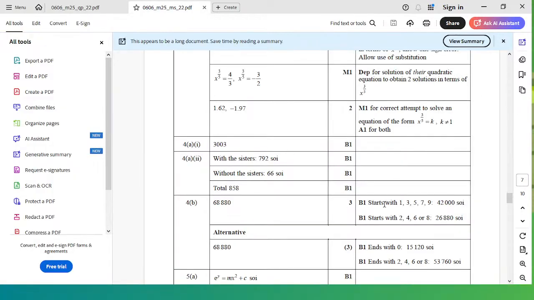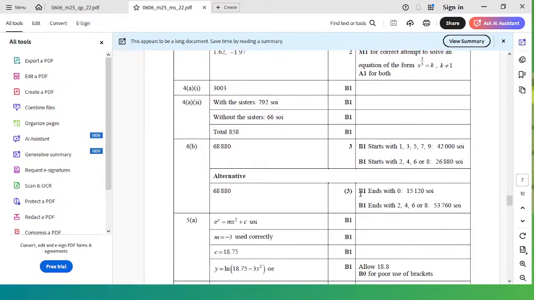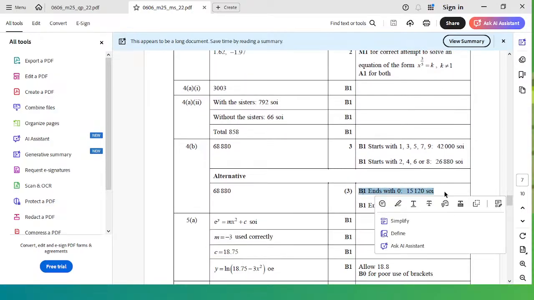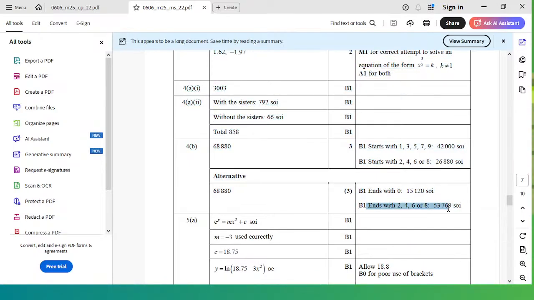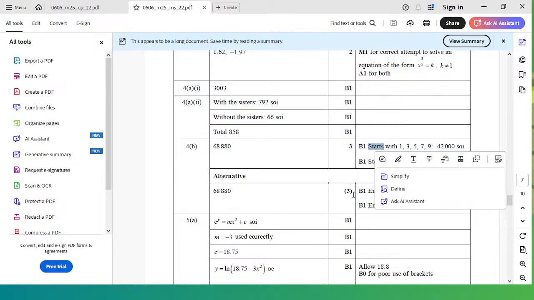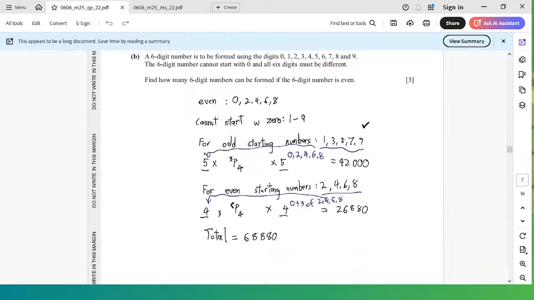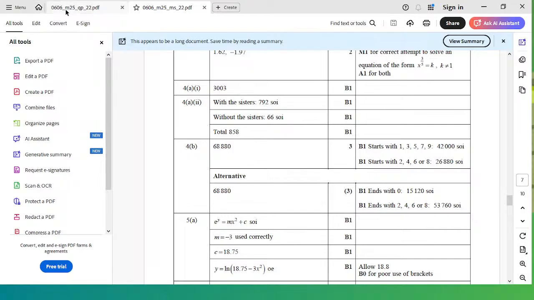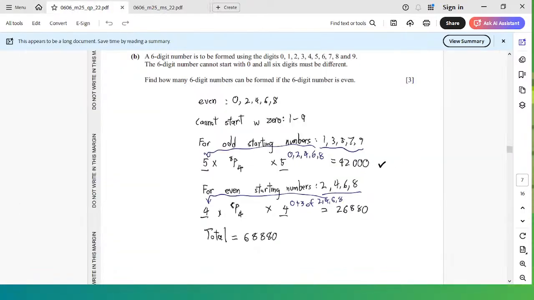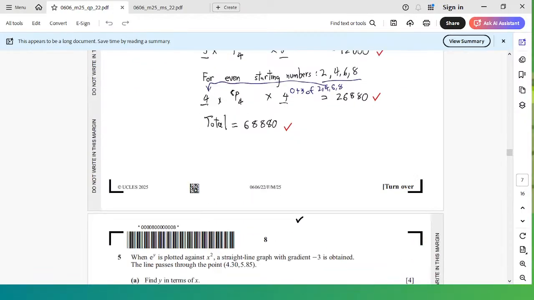You can either do it with 13579 and 2468, which is the way I was thinking, or you can start with ending with 0, B1 for ending with 0, or ending with 2468. Either you do it with starting or with ending. Either way, if you did the methods that we did in our classes, you should be good. So here's B1, B1, B1, giving you 3 marks.